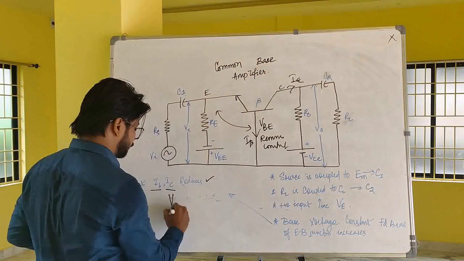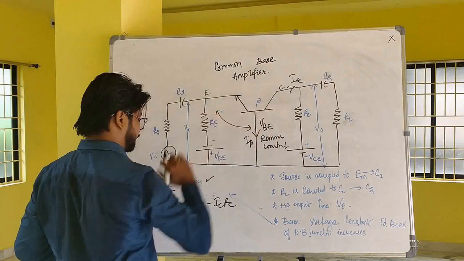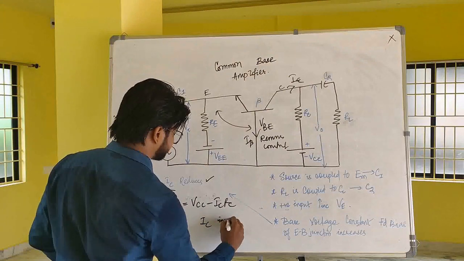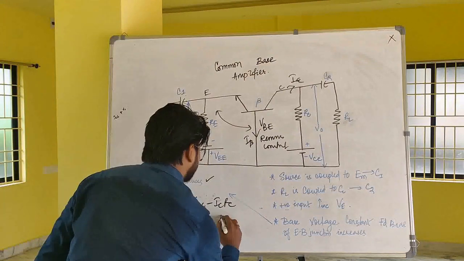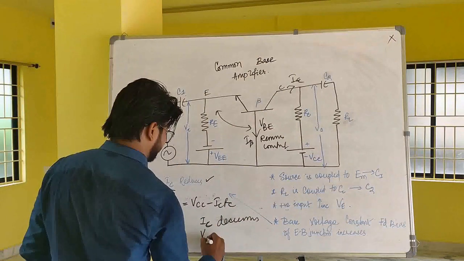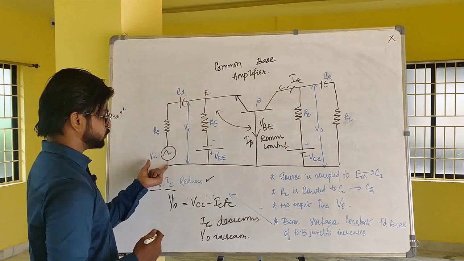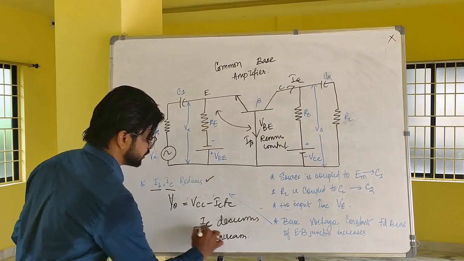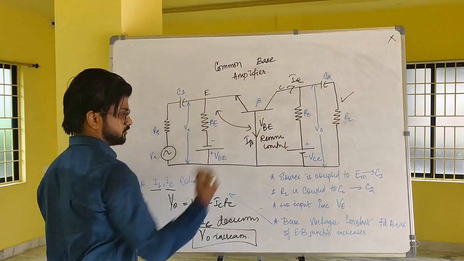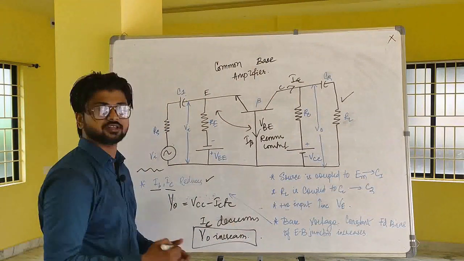Therefore, as we know, V naught equals VCC minus IC RC from the circuit. So when IC decreases, V naught increases. So we could say when a low amplitude signal is given, it converts to a very high output signal through RL. So it amplifies the low amplitude signal to a high amplitude signal through V0.